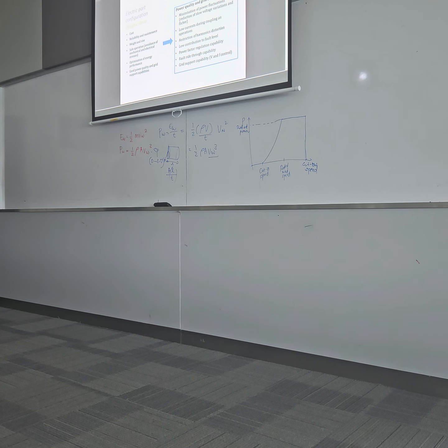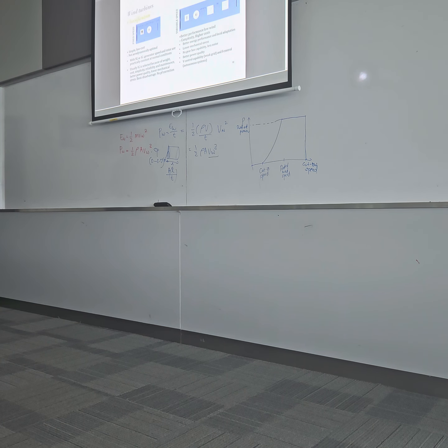All of which, if we saw back earlier, is not available in the fixed speed. All those power quality criteria are only available in the variable speed because you have the ability to vary the speed. Okay, we'll go through that.